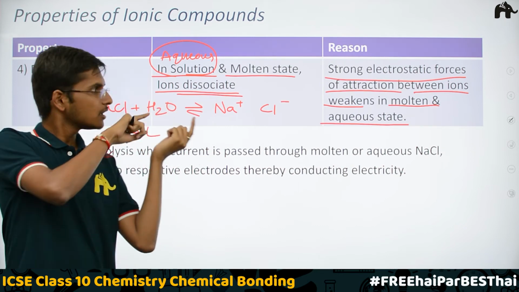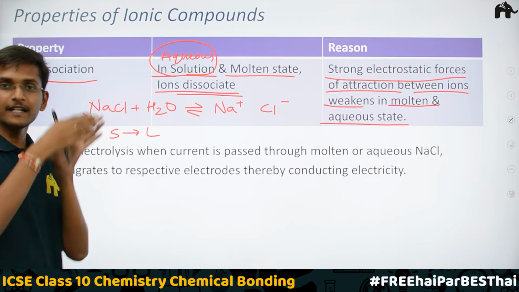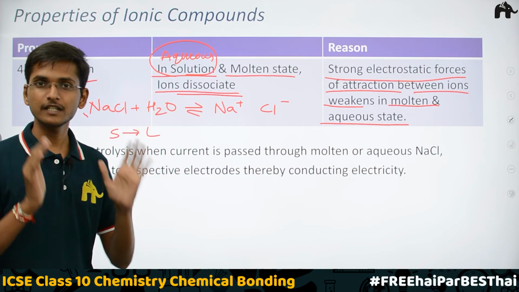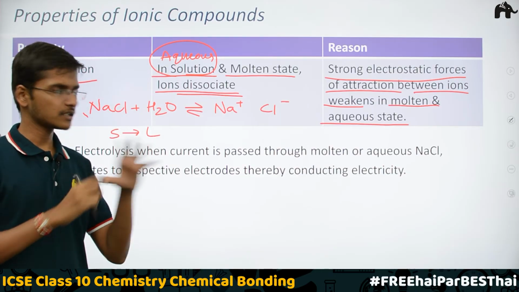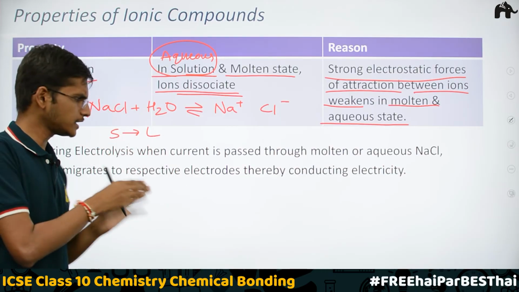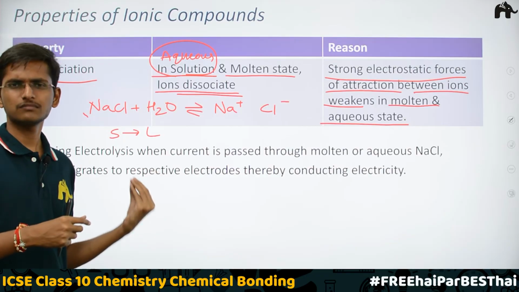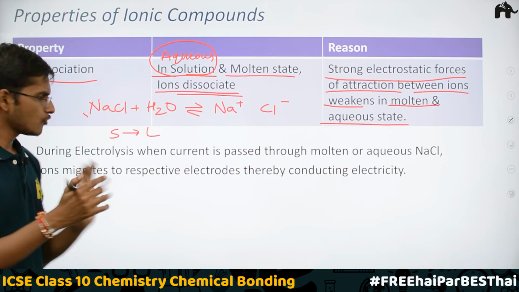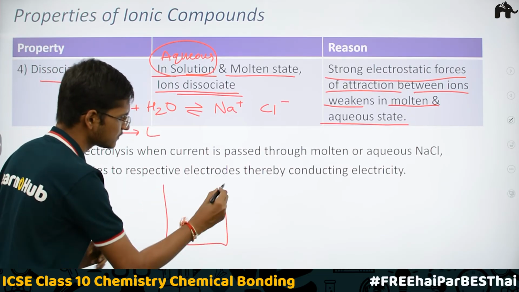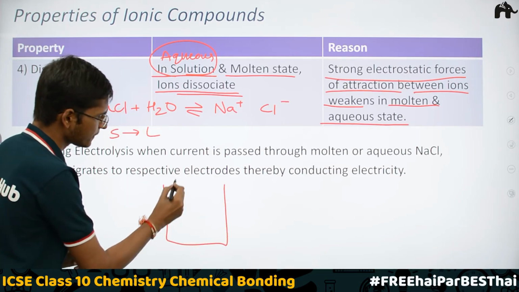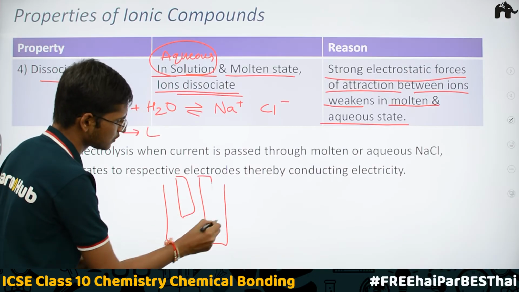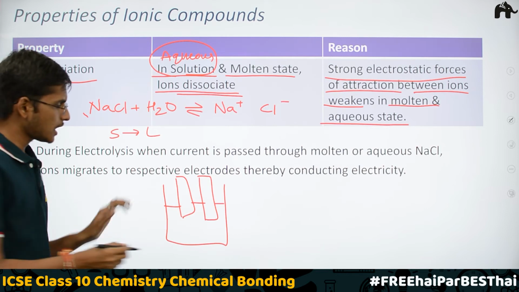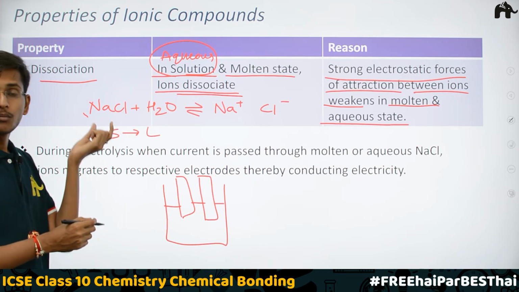Now let's relate this with electrolysis. Don't worry about electrolysis, we are going to study it in much detail in a chapter. It is a complete chapter, but for right now let's just have a crisp idea of how we can relate dissociation with electrolysis. So what is happening? See, in electrolysis, simply remember it this way: there are two rods which are inserted in our aqueous or molten NaCl.